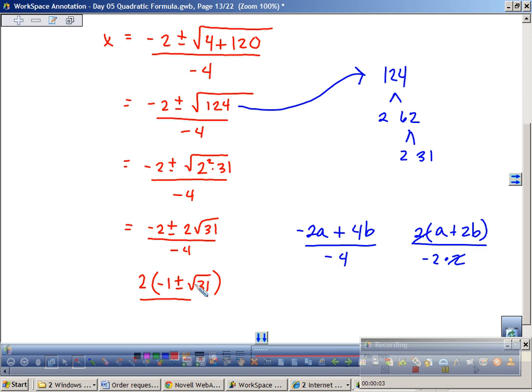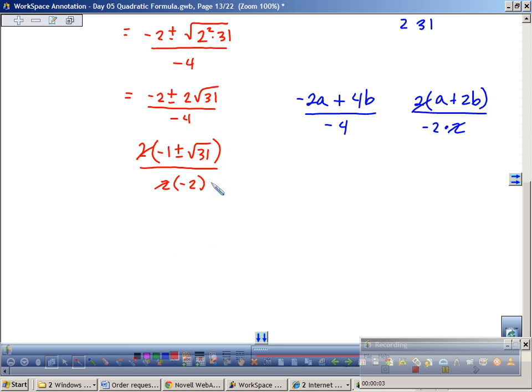And I'm going to take a 2 from this 4 down here. What would I have left? Negative 2. The 2's would cancel, and now I am completely simplified. This answer would be negative 1 plus or minus the square root of 31 over negative 2.